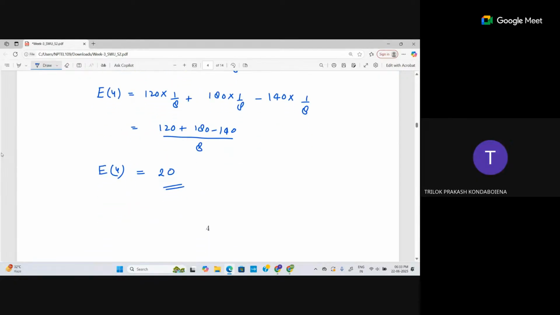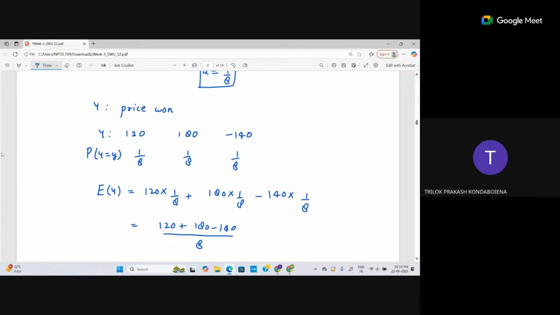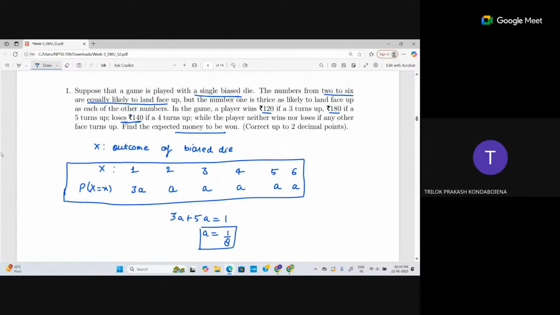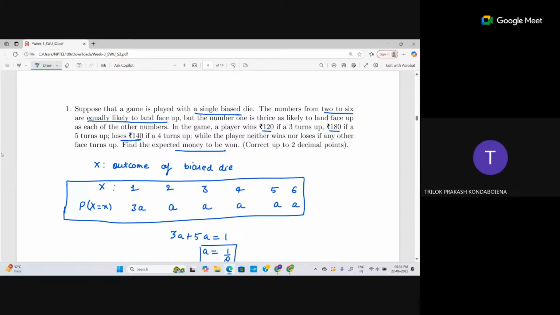I'm on the same problem. If you go to the problem statement, assuming that in the game a player wins 120, from that line, if you remove the whole problem and say only the expected value has to be calculated, then my assumption is that it will be 1 into 3 by 8, 2 into 1 by 8, 3 into 1 by 8, 4 into 1 by 8, 5 into 1 by 8, 6 into 1 by 8.